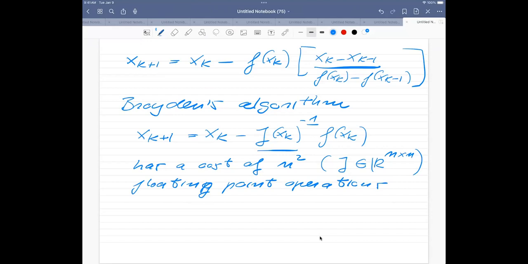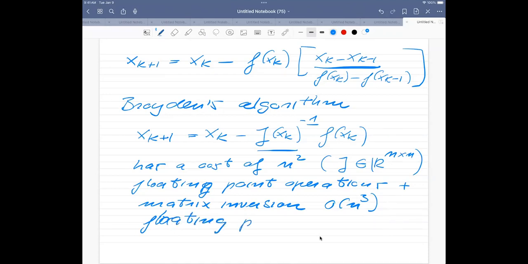But then we need to invert it, plus matrix inversion, which then accounts to something which goes like n cubed floating point operations. So that means that this becomes actually pretty expensive. Floating point operations, or just flops, as we call them.